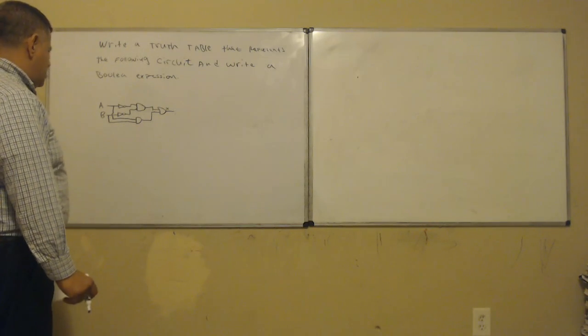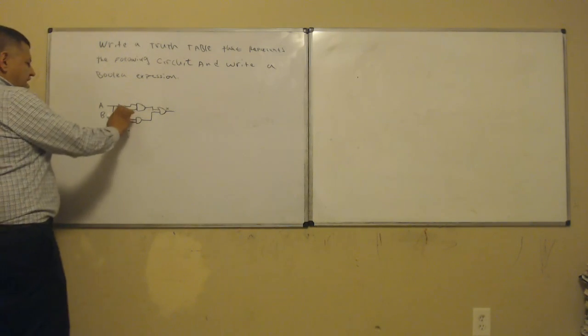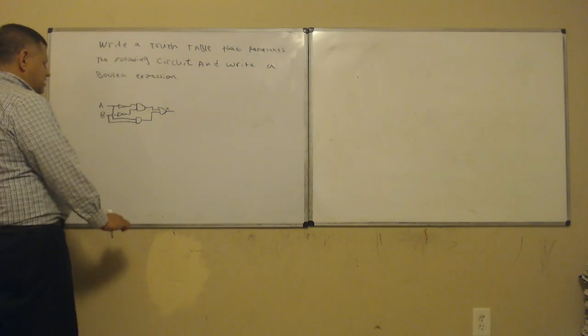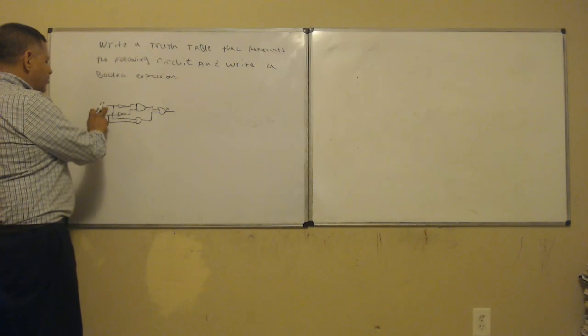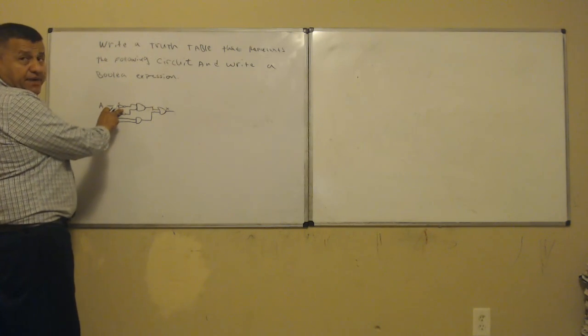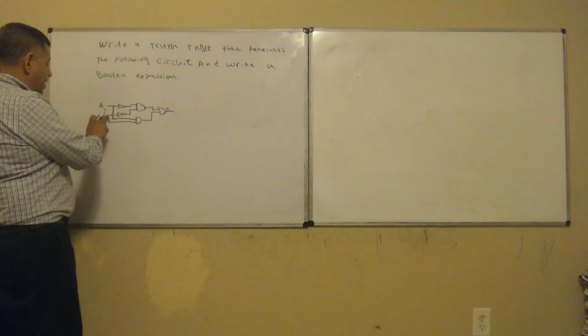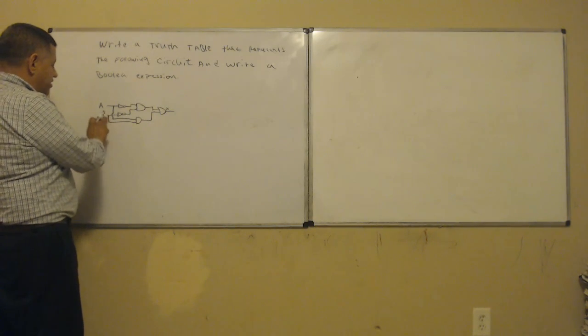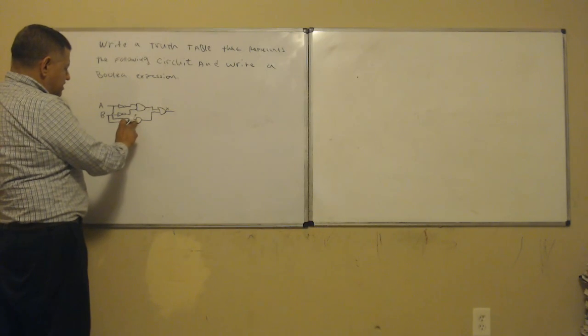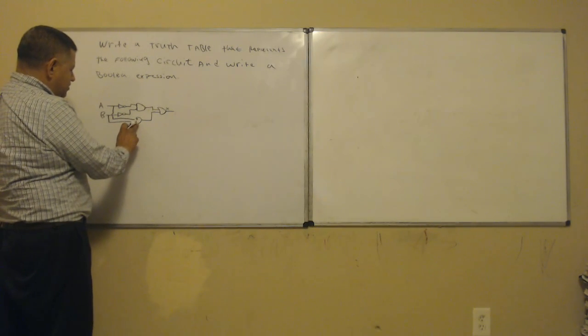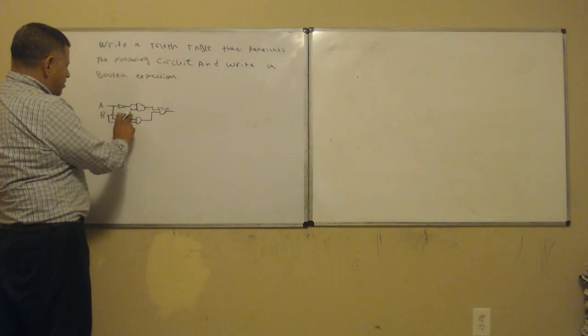However, this should have names too, right? Because technically, the value of A is being modified by this, and the value of B coming in from this one I have no problem. It's coming straight from A to this AND gate, and from B to this AND gate. But over here it is being modified.